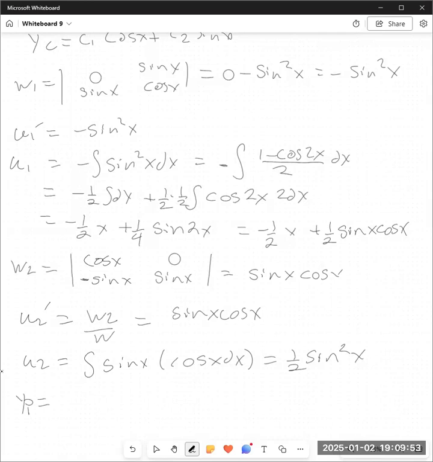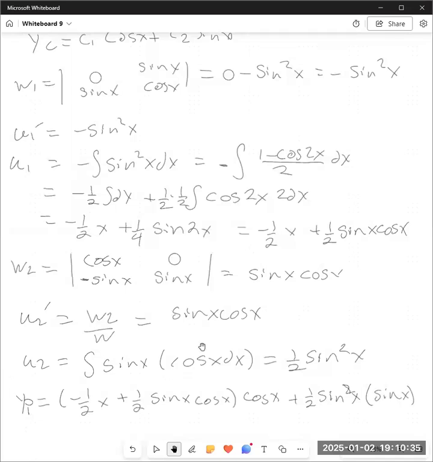So this is U1, negative 1/2 x plus 1/2 sine x cosine x, times y1, which was cosine x, plus U2 y2.